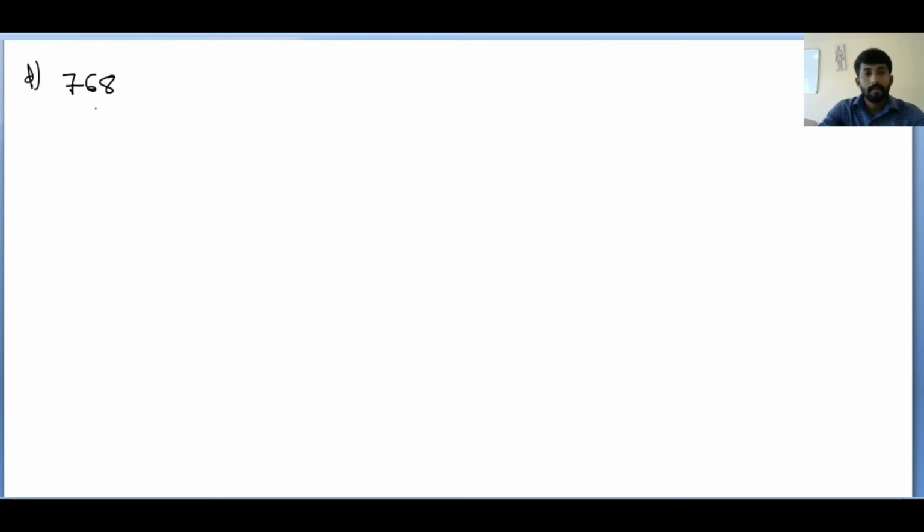Okay, next composite number is 768. First write the prime factorization of 768.